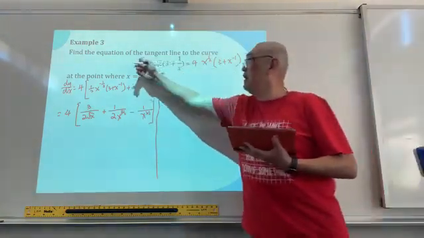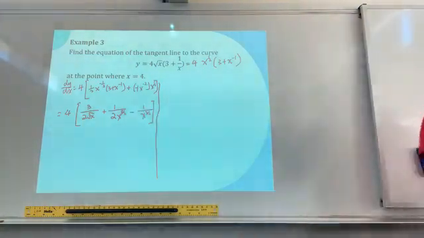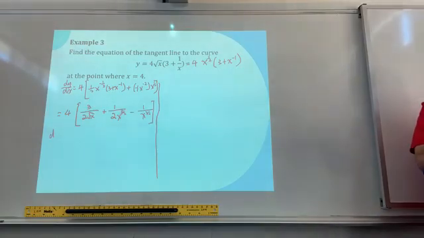All I want is to find the equation. So I'm going to start off by finding what dy/dx is as x equals 4. 4 times (3 over 2 root 4 plus 1 over 2 times 4 to the power of 3 over 2 minus 1 over 4 to the power of 3 over 2).